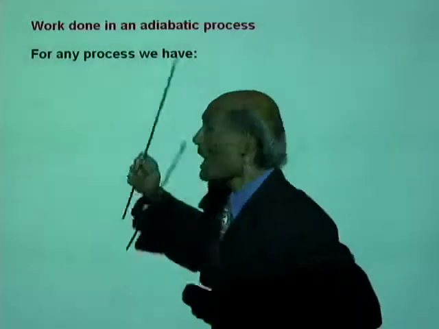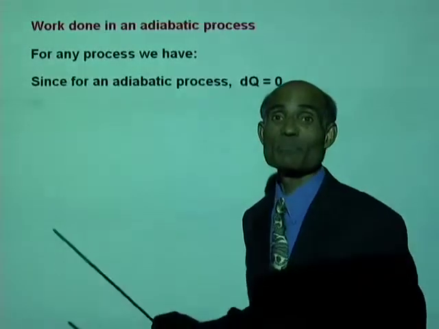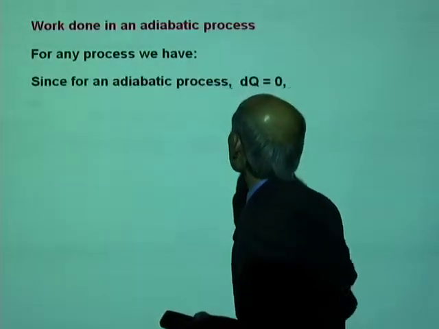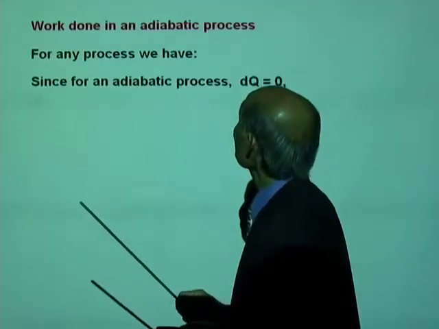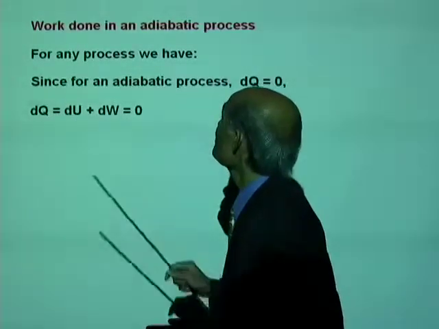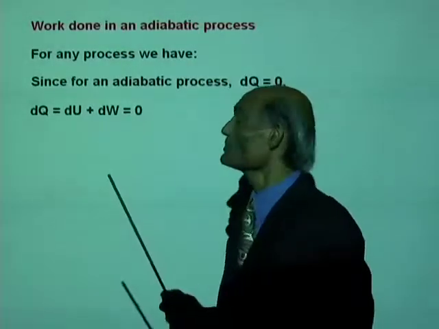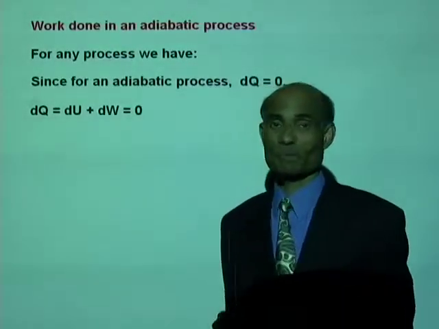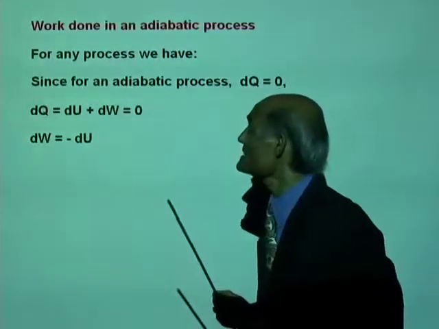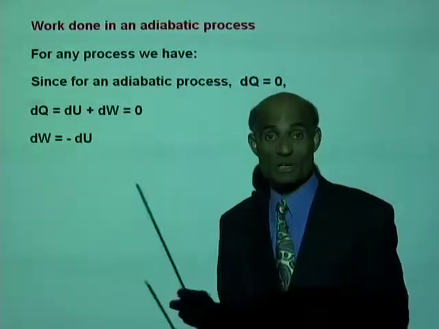Now, for any process, since for an adiabatic process the heat dq equals 0, we have dq equals du plus dw equals 0. Therefore, dw is negative du. Is that right?